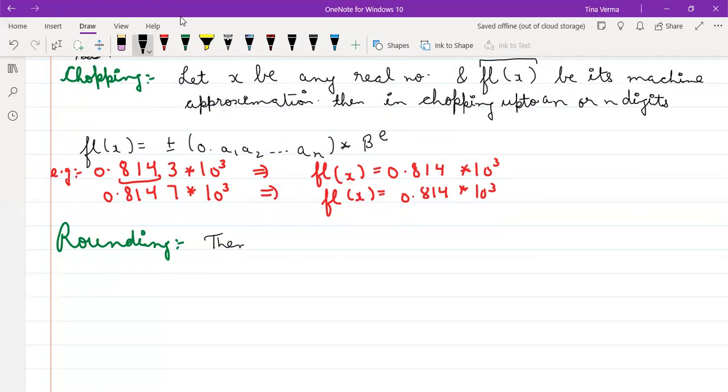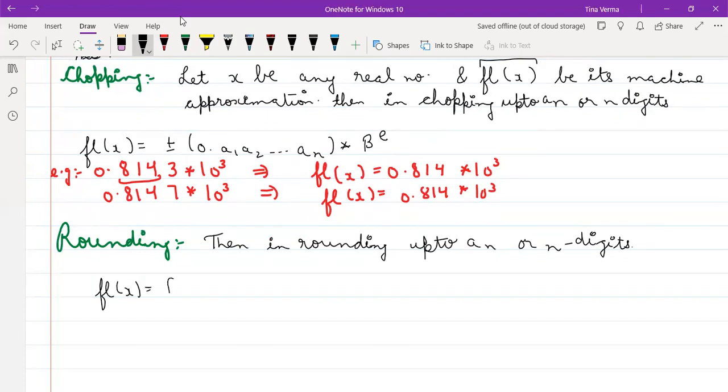Then in rounding up to n digits, the representation of fl(x), that means the approximated number, will be 0.a1a2...an, because you have to store only n digits.